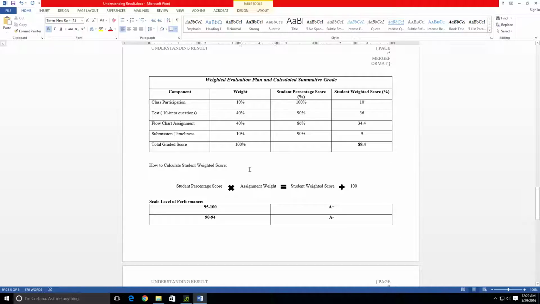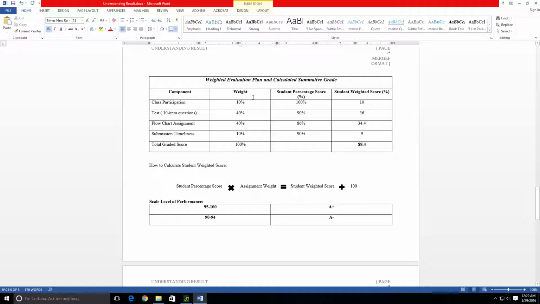Here, I developed a table which demonstrates the weighted evaluation plan and the calculated summative grade. In calculating the overall or summative grade of my students, I have to consider the different components of the course, which include class participation, the tests, the 10-item questions, the flowchart assignments, and also the timeliness of submitting the assignment.